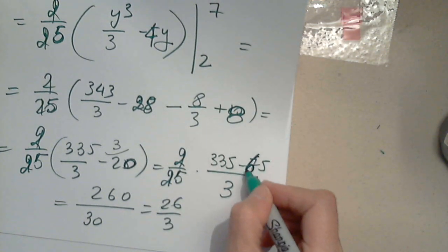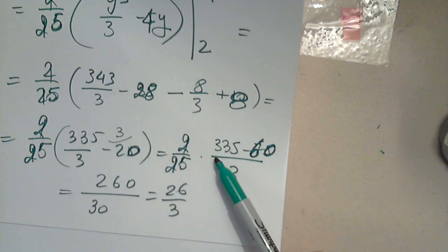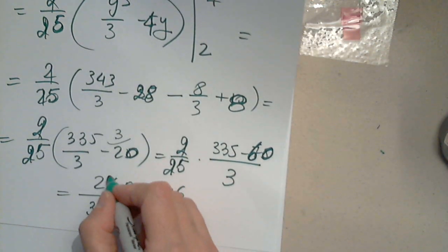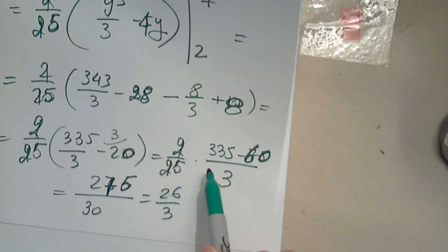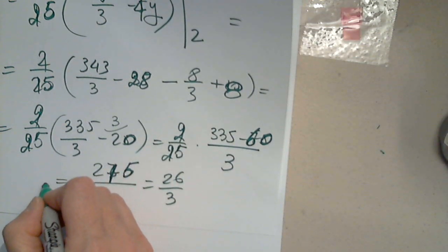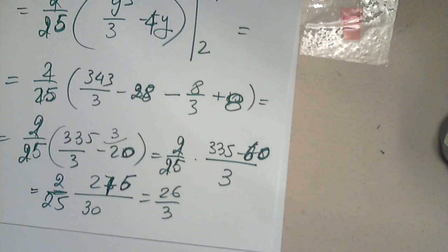This is not okay. Okay, 3/3. This is 275, and a 2 over 25 in front, and this is just 3.